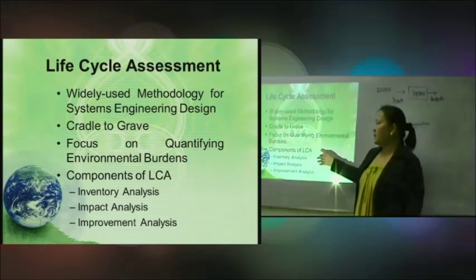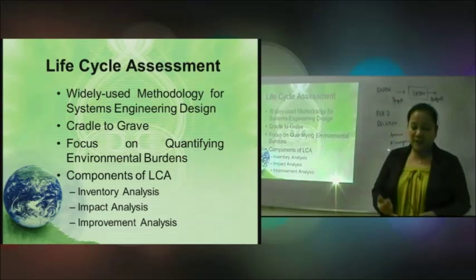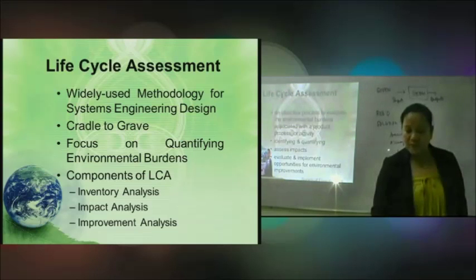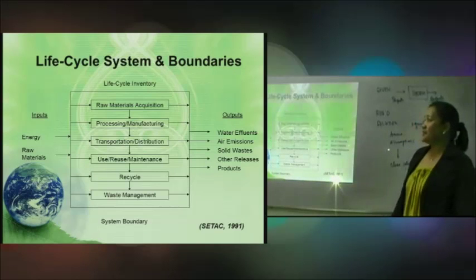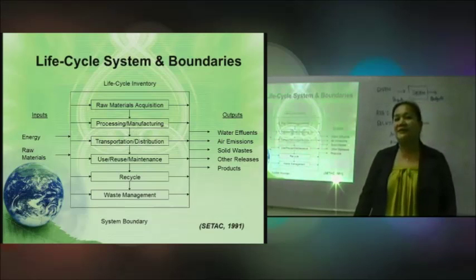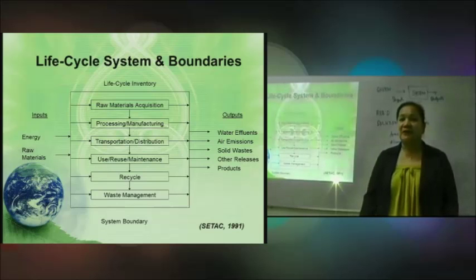Now, what are the components of life cycle assessment? We have inventory analysis, we have the impact analysis, and then we have the improvement analysis, which we will discuss later one by one. Before you proceed with the three components of life cycle assessment, one important thing that you have to identify is the systems boundary.